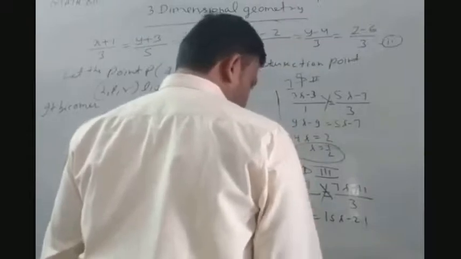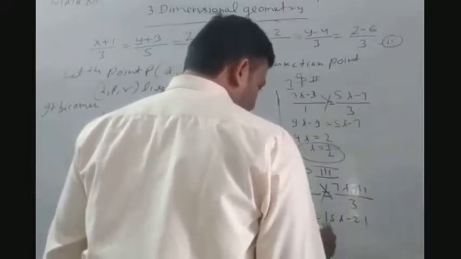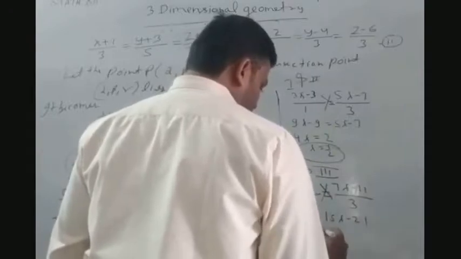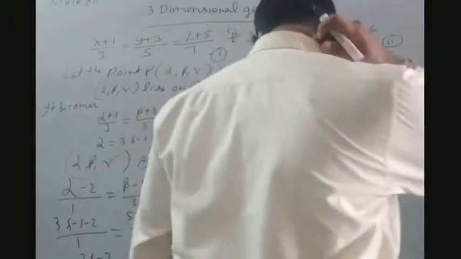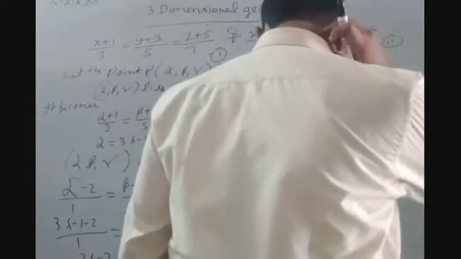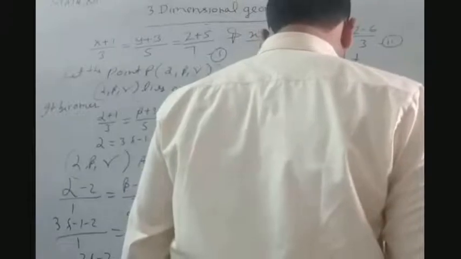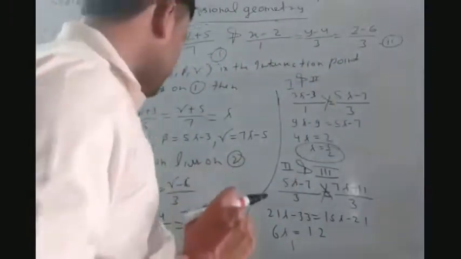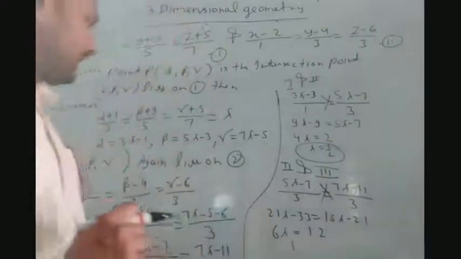So 21 minus 15, 6 lambda is equal to 33 minus 21, which is 12.